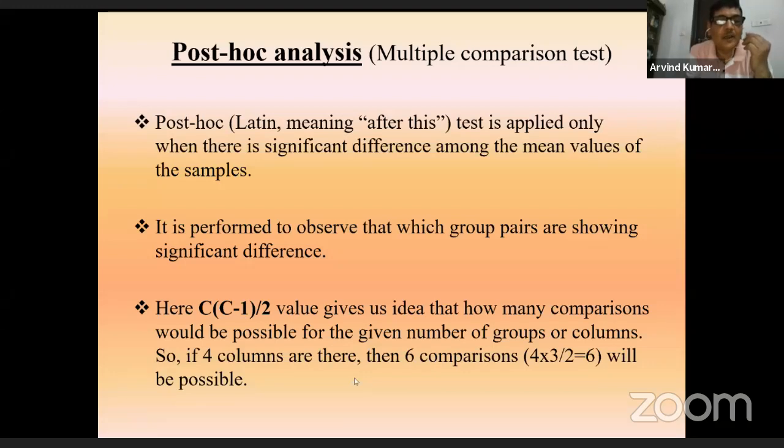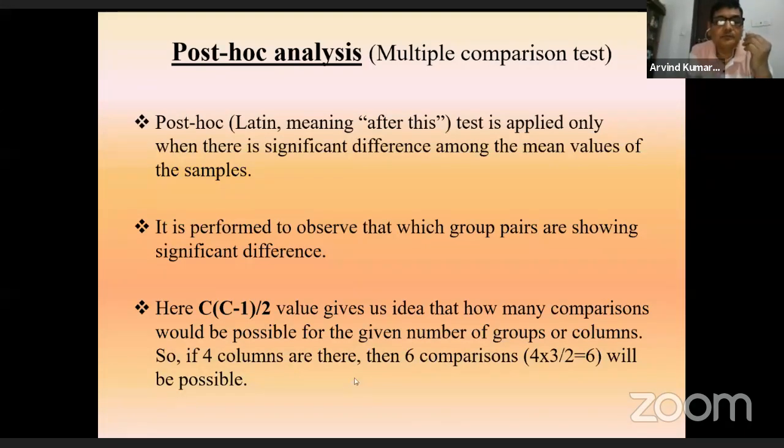That we can know by calculating it with the formula C into C minus 1 by 2. For example, in this case, there are 4 columns. So 4 into 3 by 2, that is 6. It means total 6 comparisons will be possible.